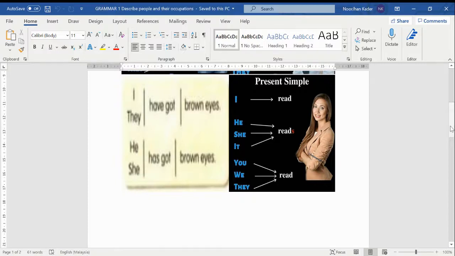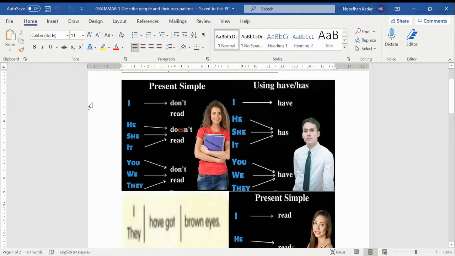Okay, let's go over one more time, one by one. The first one, I don't read, he doesn't read, she doesn't read, it doesn't read, you don't read, we don't read, they don't read.